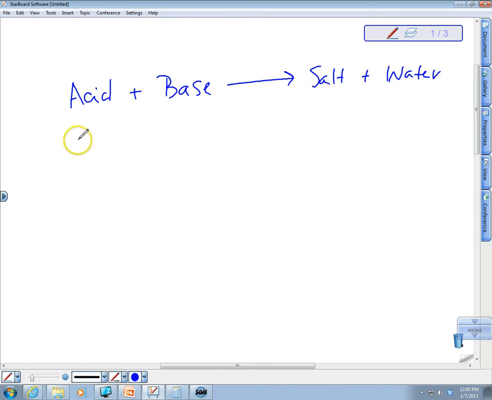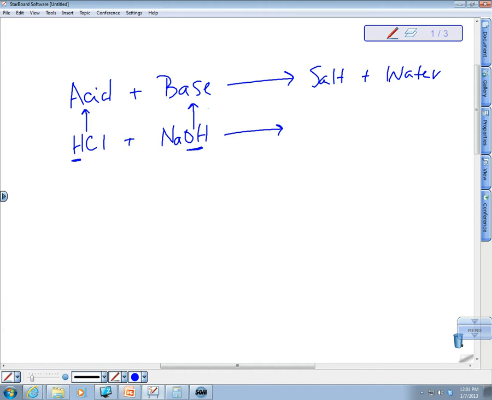An example might be hydrochloric acid plus sodium hydroxide. Because hydrochloric acid has this H in front, I know it's my acid. Because sodium hydroxide has this OH, I know it's my base.